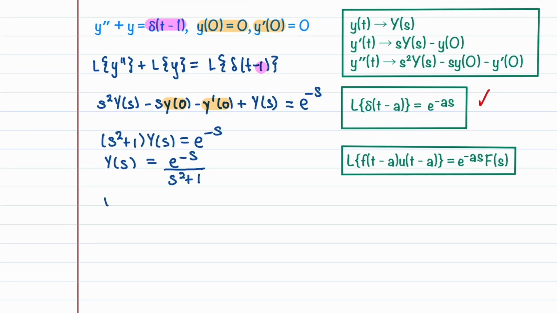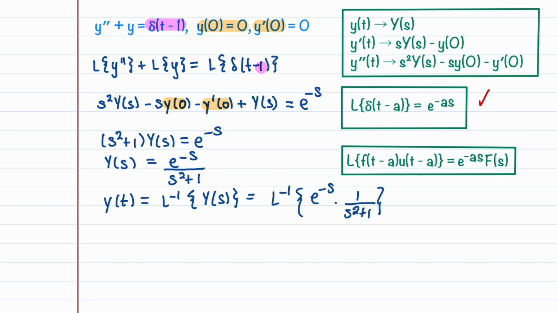Our solution, little y of t, is the inverse Laplace transform of capital Y of s. So it's going to be the inverse Laplace transform of e to the minus s, and let's write this next one as 1 all divided by s squared plus 1.